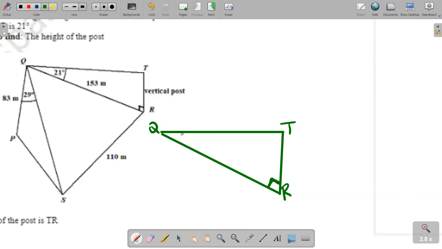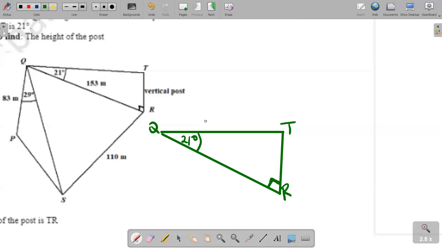So this is 21. Which line is the hypotenuse? Is it QT, QR, or TR? I'm waiting for everybody, let's go.